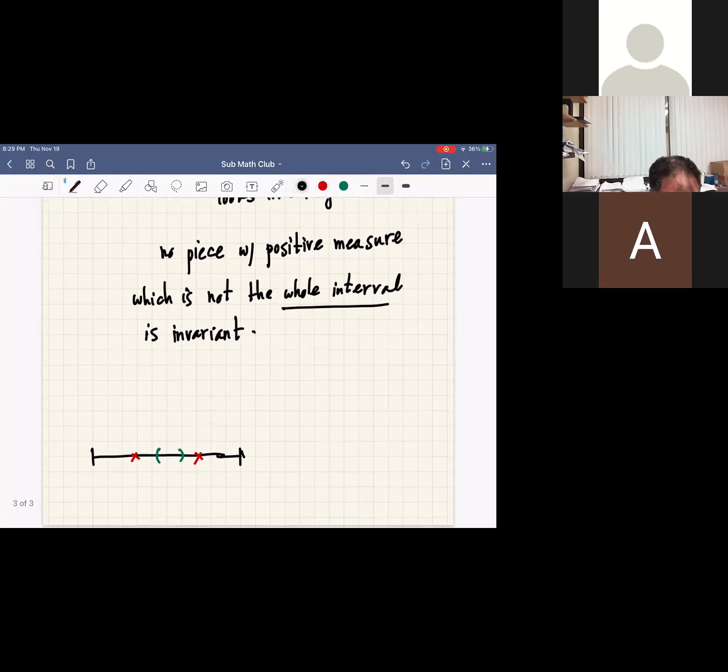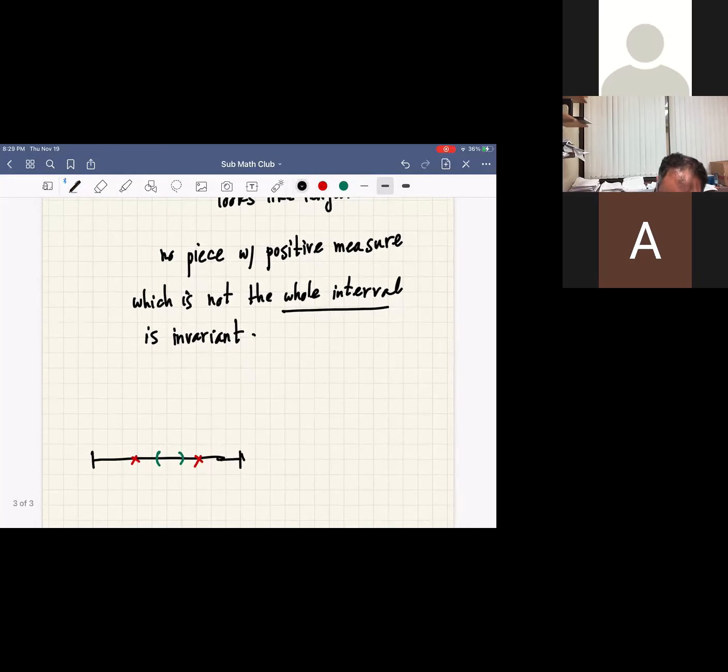That essentially tells that the size of this interval, let's call it J, the size of this J, which comes from our measure, is going to be comparable with the average of the number of times that the iterates of the point, this red point, hit that.